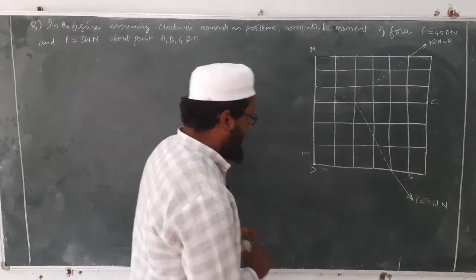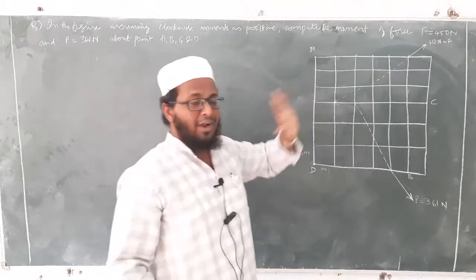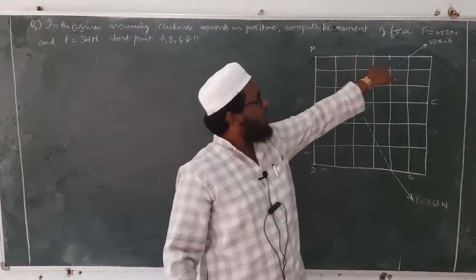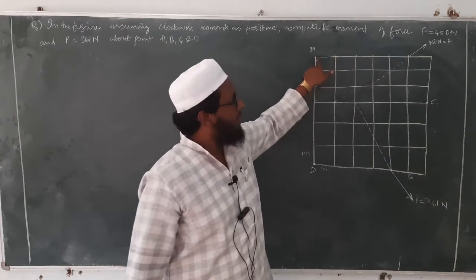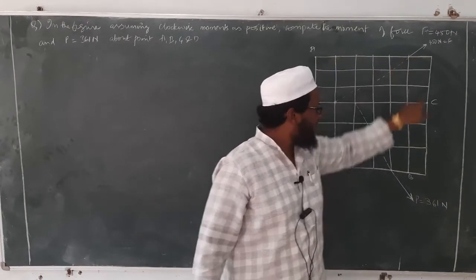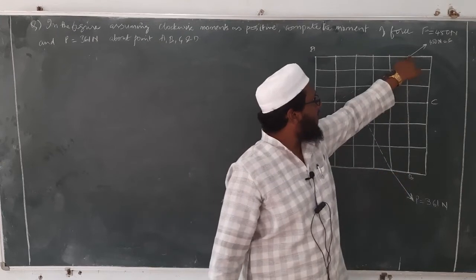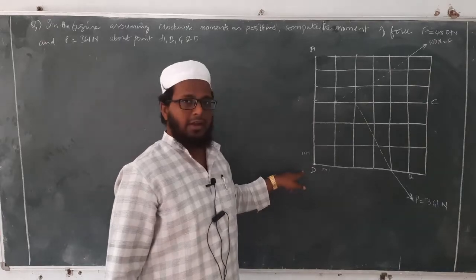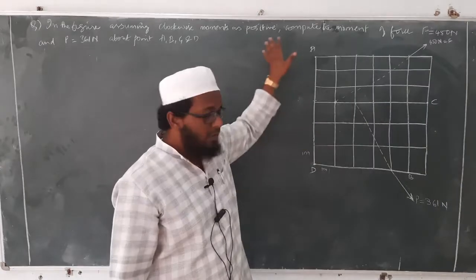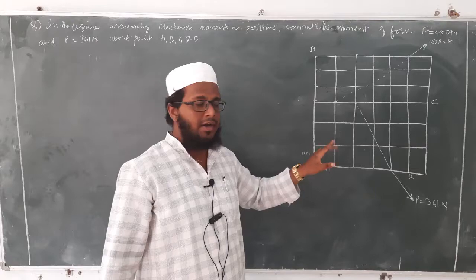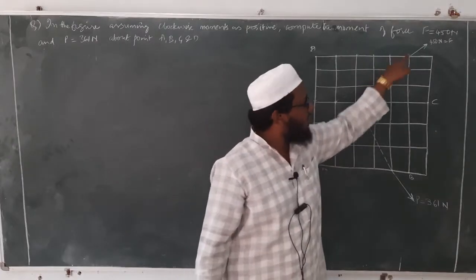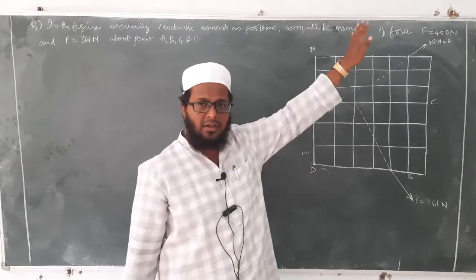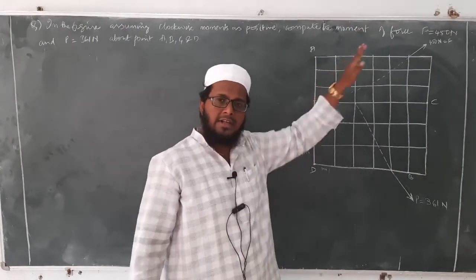Okay, now what we have to do, actually we have to calculate moment of F about point A, moment of F about point B, moment of F about point C, moment of F about point D. Able to understand? There are so many questions actually in the question. We have to calculate what is the effect of this force on this point. Okay, there is one force acting at a certain angle, with certain magnitude.